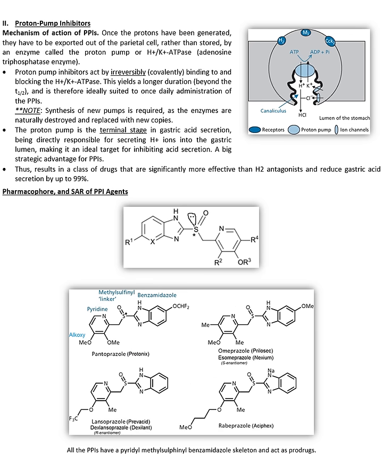The second type of the gastric acid secretion inhibitors are the proton pump inhibitors. If this is the lining of the stomach, and this one here is the parietal cell, as you can see, there are 3 receptors up there that we spoke about earlier.